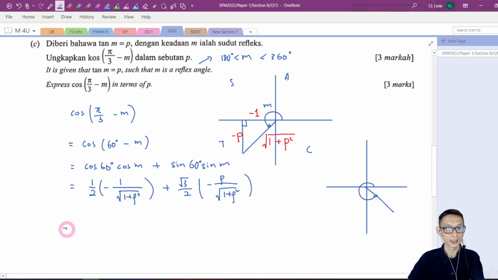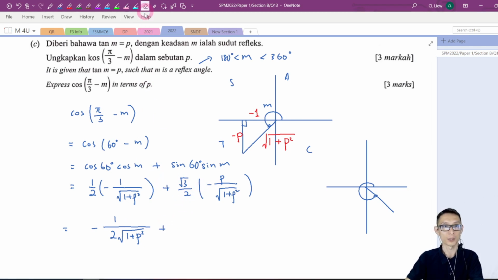Okay, now I'm going to open up the parentheses. We need to give our answer in terms of P. So same thing here, plus minus will become negative, negative will become negative, and this is square root 3 times P over 2.